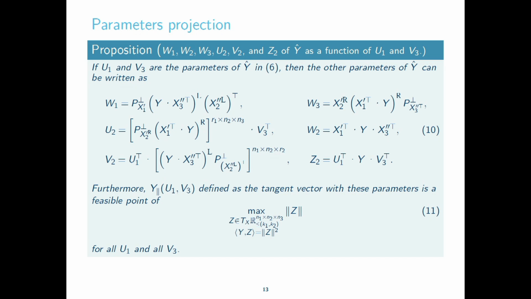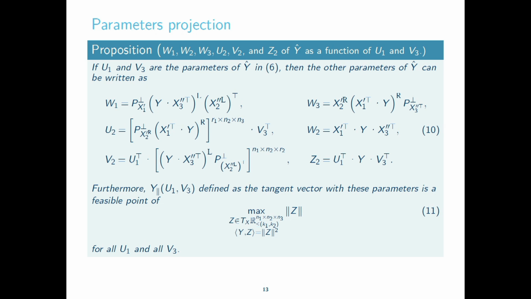Now I arrive at the main part of the presentation. First, in our paper, we derived the following proposition where we write the parameters of y hat, where we suppose that y hat is in the image of the exact projection. We don't know the exact projection, but still we can say that these are the parameters that appear only once in the parameterization, assuming that we know U1 and V3.